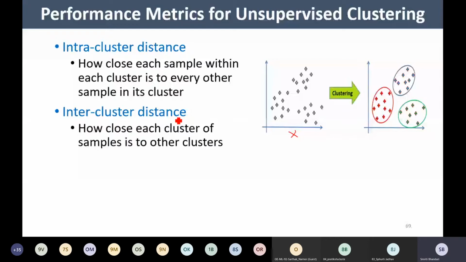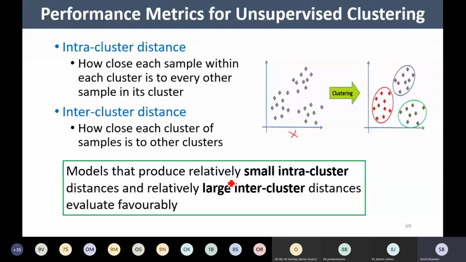Usually the models that produce relatively small intra-cluster distances and relatively large inter-cluster distances are evaluated as good.